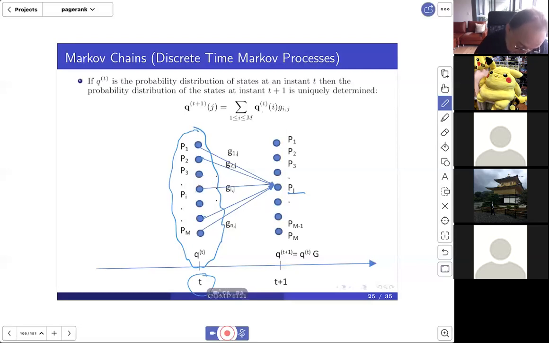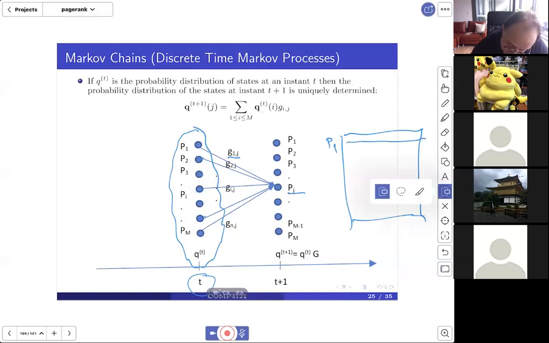That's the first row and column j. This is the probability. So we are starting at, say, state P1. So that's the first row. And we are asking what's the probability to end up here at Pj. Well, that's exactly G1j.